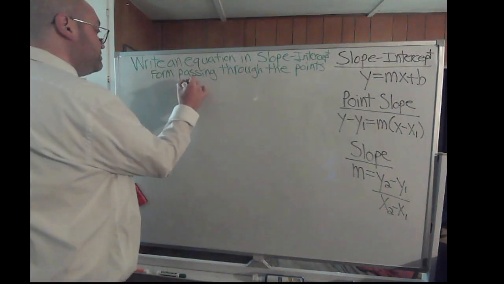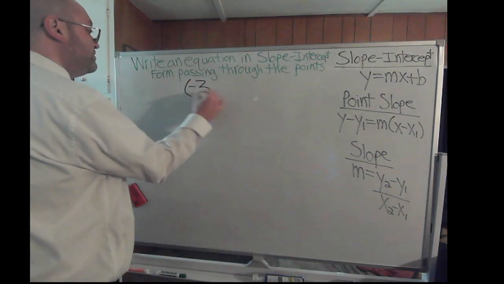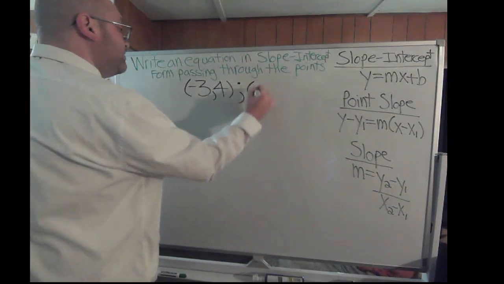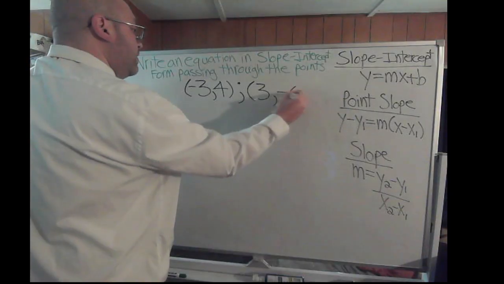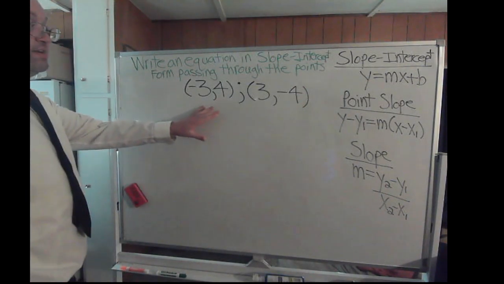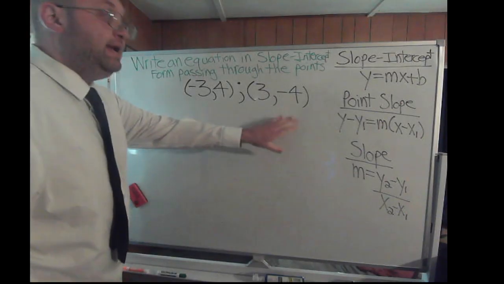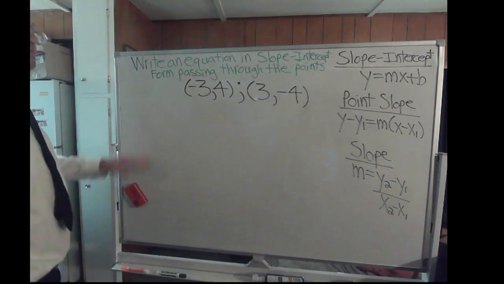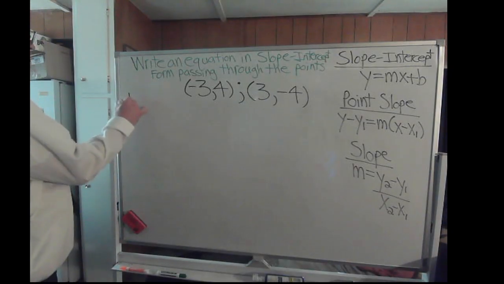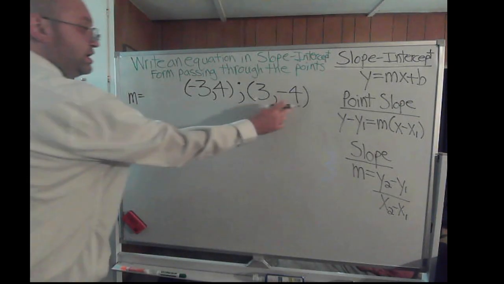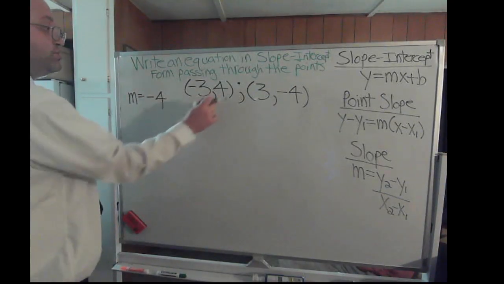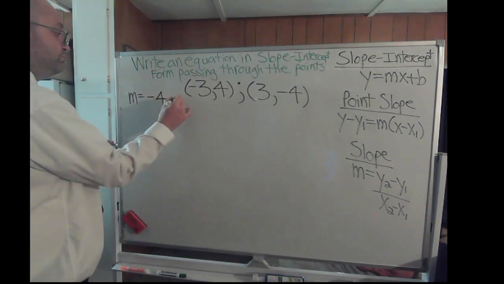Alright, passes through the points -3, 4, and 3, -4. So this particular line passes through the points -3, 4, and 3, -4. So we need to find our slope for the first thing. The slope, of course, is going to be your second y coordinate, which is -4, minus your first y coordinate, which is 4.